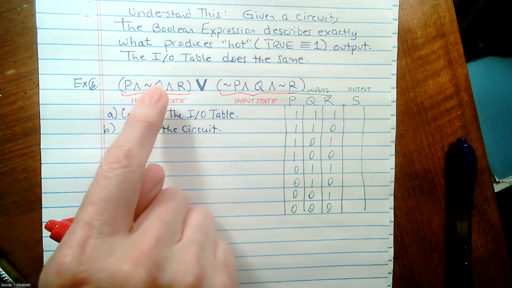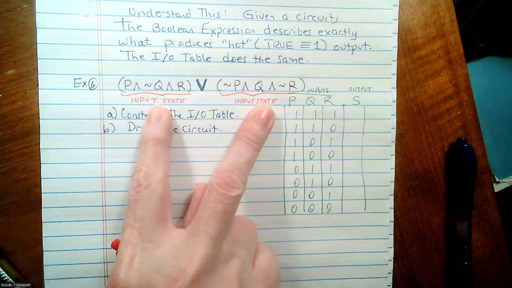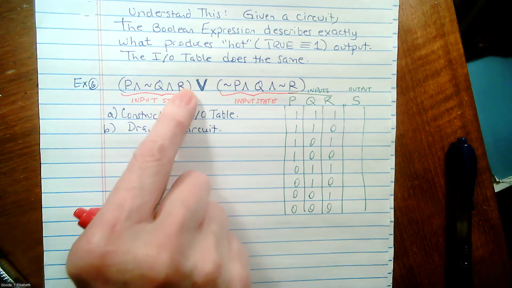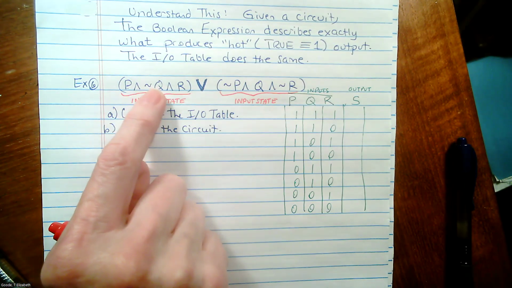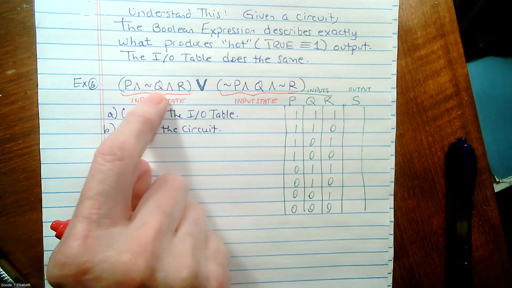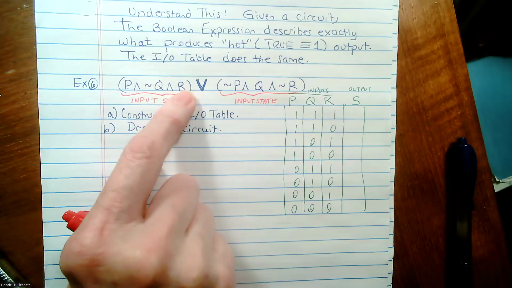These two can't both happen as inputs at the same time. Look at what this first input state says. It says P is hot and not Q is hot. So what does that say about Q? Q is cold, and R is hot.